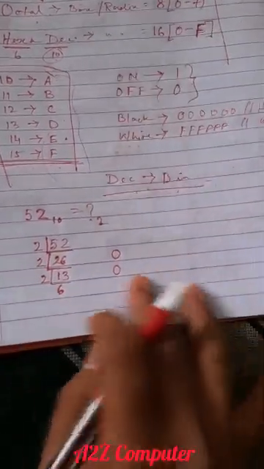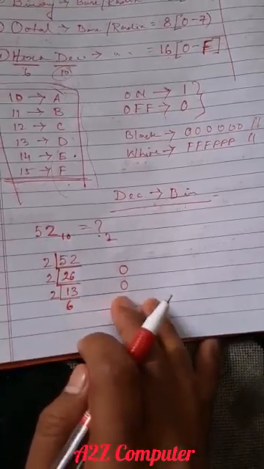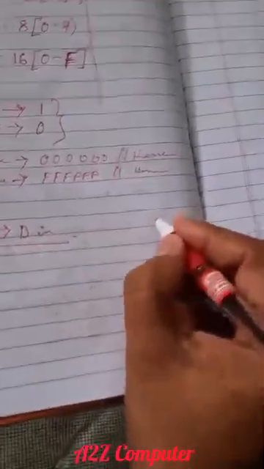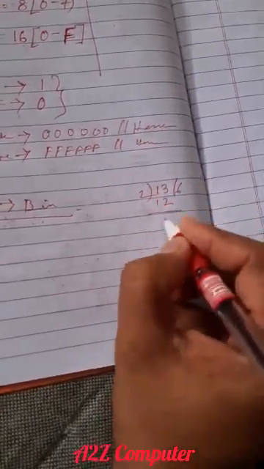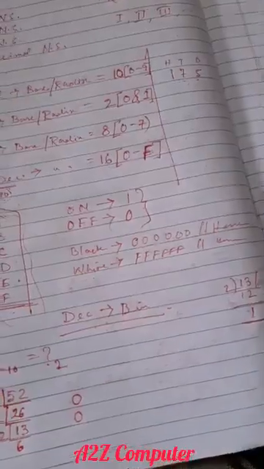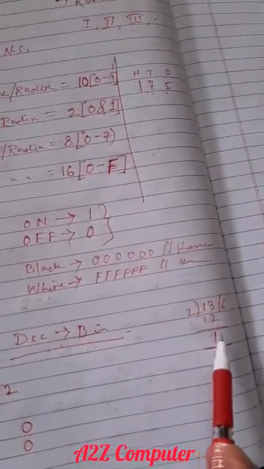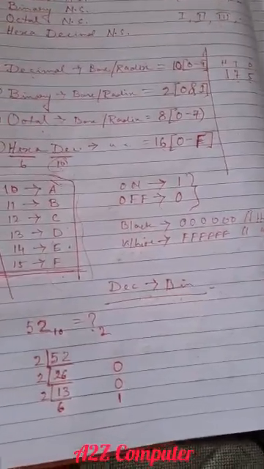So if you write 6 twos are 12, what is the remainder value here? Divide 13 by 2, 6 twos are 12, and the remainder is 1. So we write this 1 here. Got it?